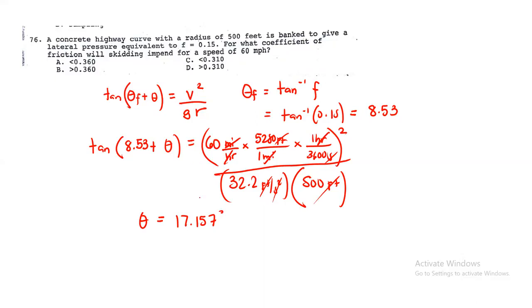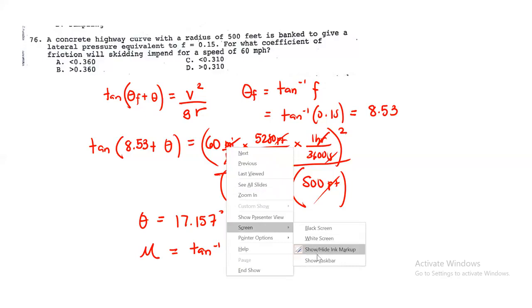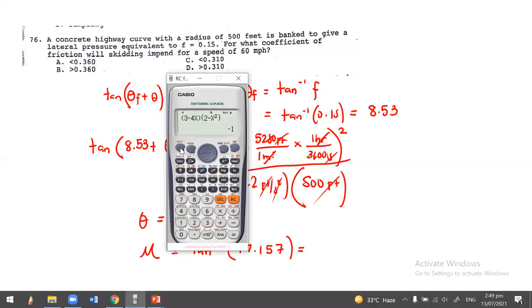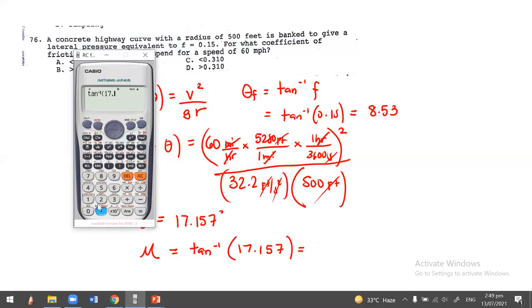So, syempre, para makuha natin coefficient of friction, mu is equals to arctan ng 17.157. Bakit arctan nga pala?